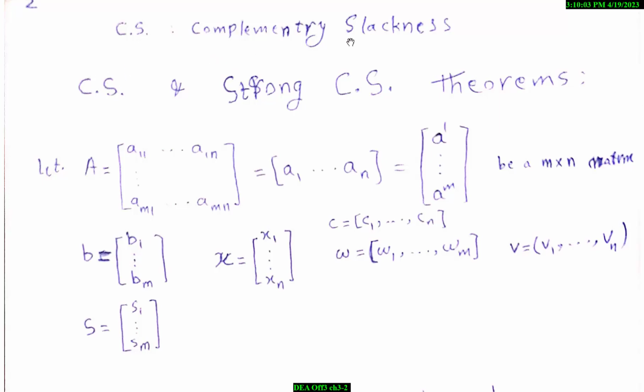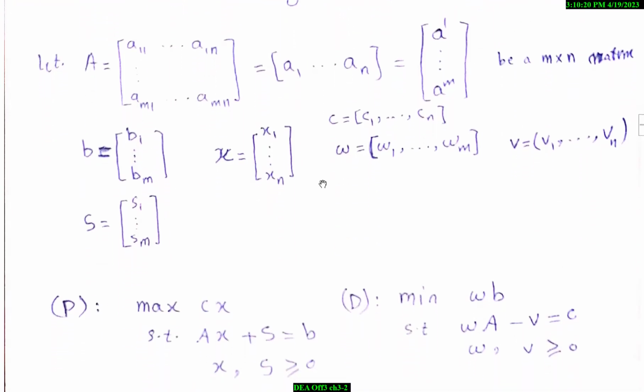Complementary slackness, we name it by CS. We have also a strong or a strict complementary slackness theorem. So we first introduce a linear programming model.